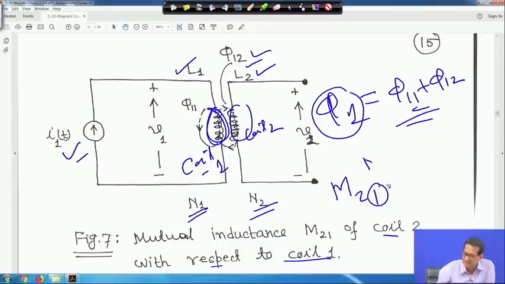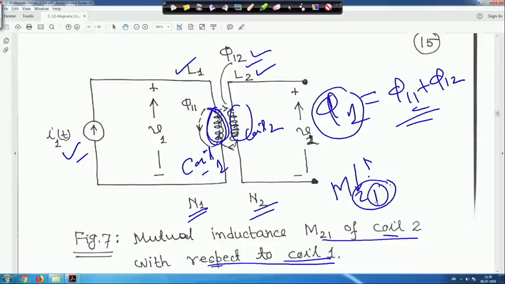Whenever we write M21, it is the mutual inductance of coil 2 with respect to coil 1. This is how you read the suffix 21.